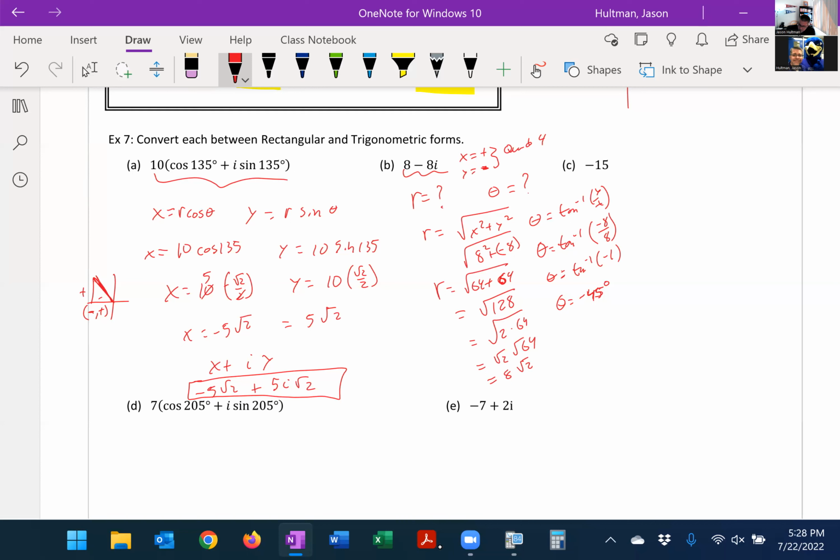So I can leave it as negative 45 if I want, or I could add 360 to that and make theta equal to 315 degrees. Again, this does live in quadrant 4, so it checks out. So now my trigonometric form is going to be 8 radical 2 times the cosine of 315 degrees plus i sine of 315 degrees.